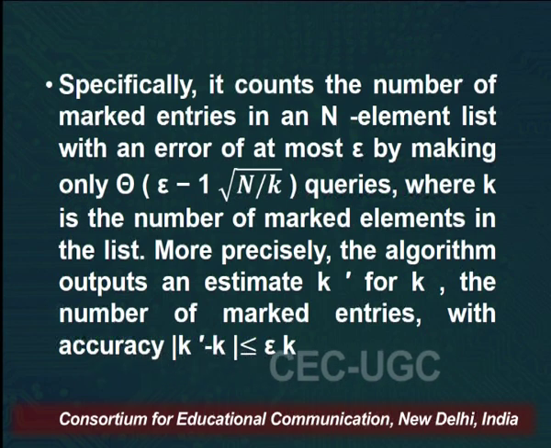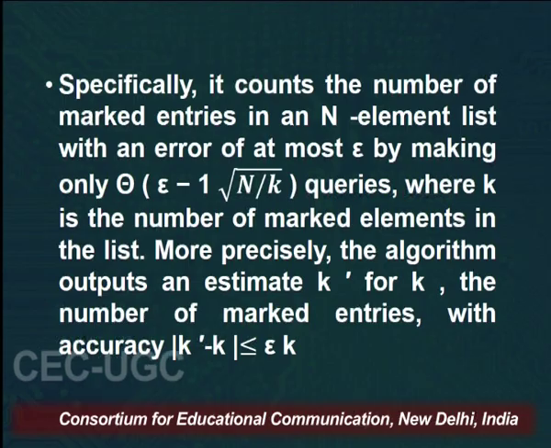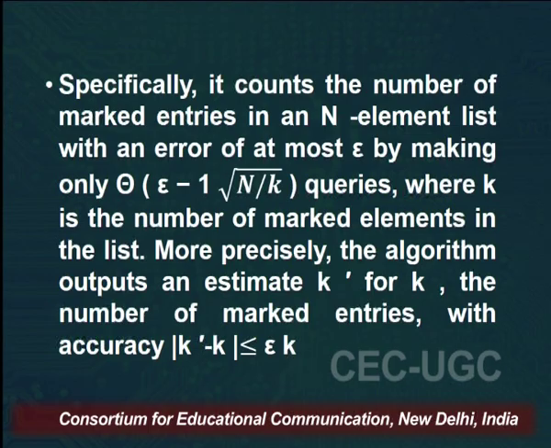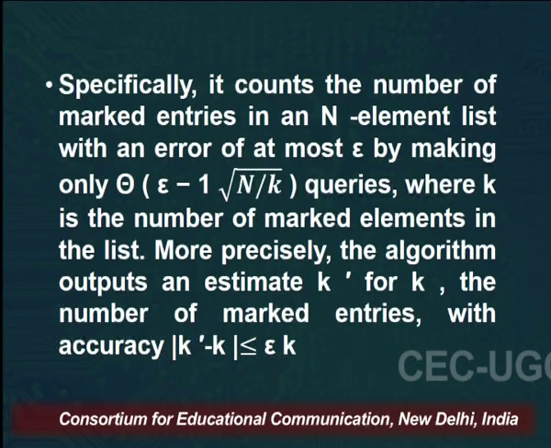More precisely, the algorithm outputs an estimate k' for k, the number of marked entries, with the accuracy |k' - k| <= epsilon k. So these are the basic requirements of quantum algorithms, as well as which algorithms we can use.